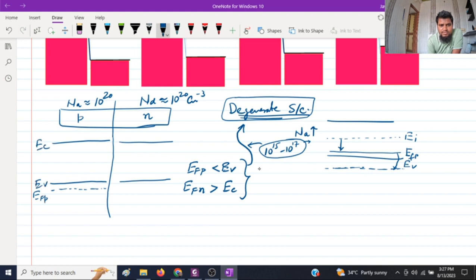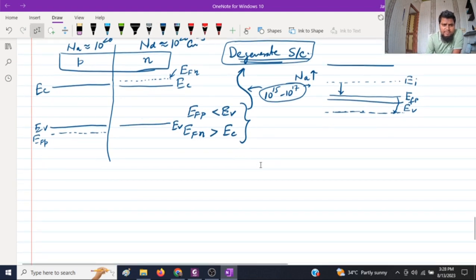This is the degenerate P-type semiconductor, and in the N-type semiconductor the Fermi level goes even beyond the conduction band. That is EFN.